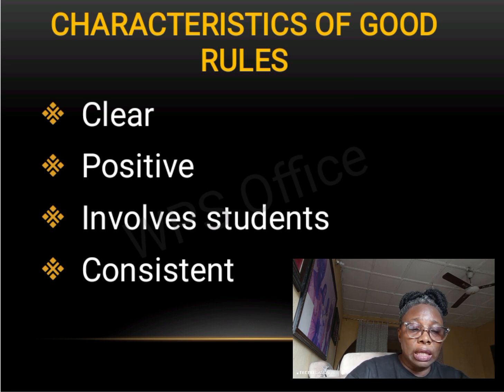No, it should be consistent. If it's 7:30 in the morning, it should be 7:30 for everybody. If it's 7:30 for students, it should also be 7:30 for teachers. So rules should be consistent, not confusing, not wavering, not changing according to who is involved.